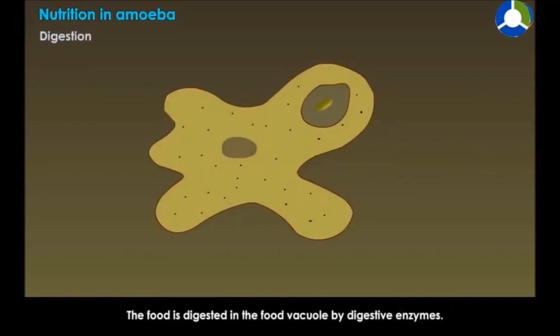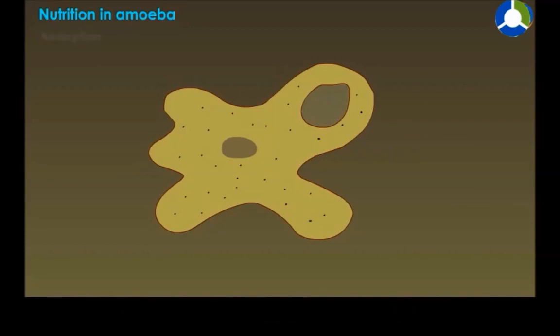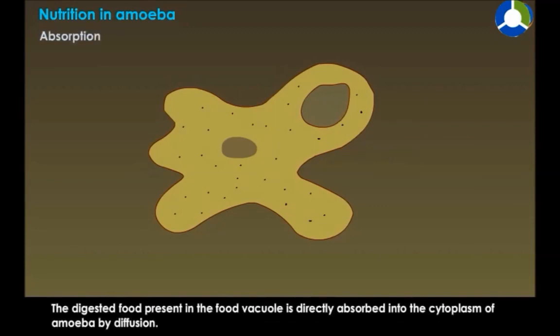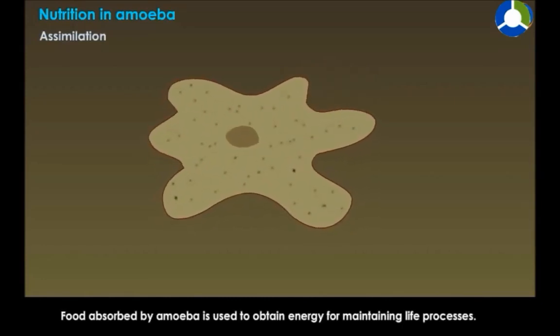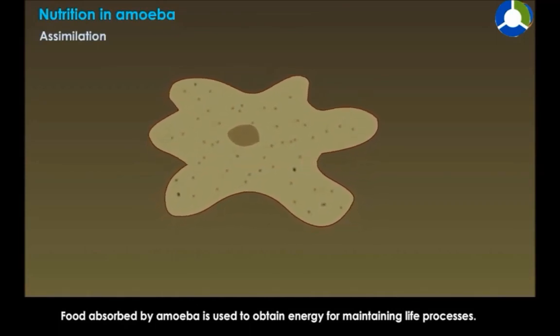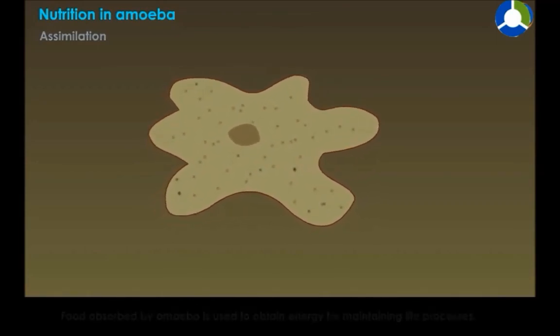Digestion. The food is digested in the food vacuole by digestive enzymes. Absorption. The digested food present in the food vacuole is directly absorbed into the cytoplasm of amoeba by diffusion. Assimilation. Food absorbed by amoeba is used to obtain energy for maintaining life processes.